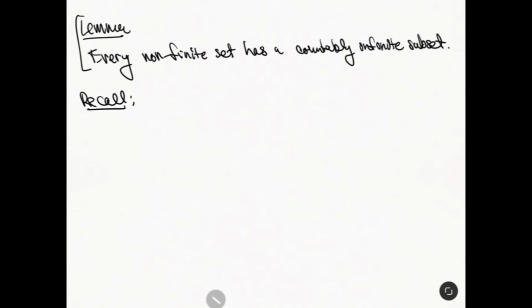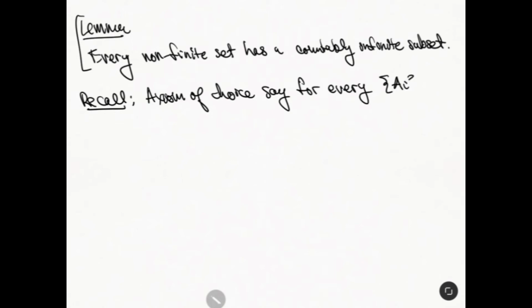Okay, and so let's recall the axiom of choice real quick, because this is what we're going to use to do this. So the axiom of choice says that for every indexed family of sets, A_i for i in I, there exists a choice function.